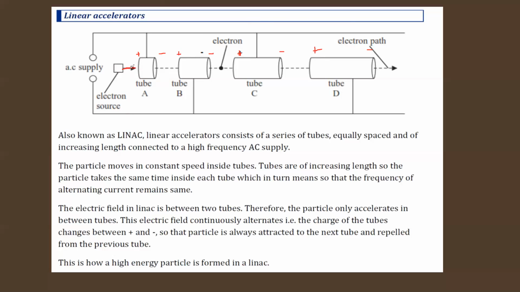So the electron is accelerated. But when the electron is traveling within the cylinder, the terminals change because it's an AC, but the speed of the electron does not change within the tube. Within the tube, there is no electric field, so there is no acceleration for this electron.